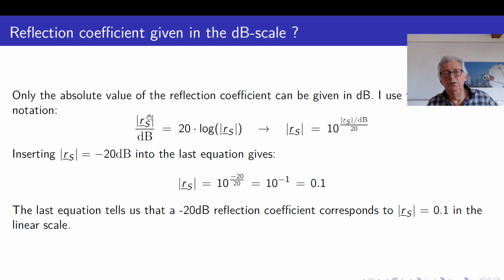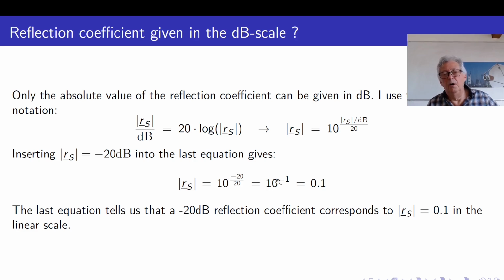So as soon as RS is given in dB, like here, the dB will cancel, and we have the absolute value of RS equal to 10 to the power of minus 20 divided by 20.